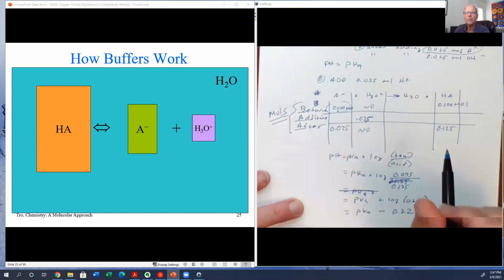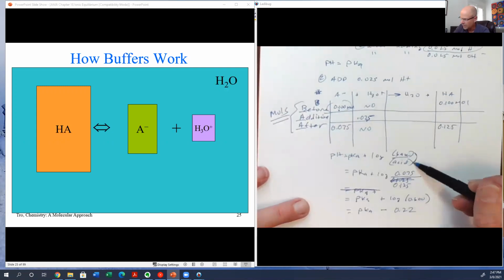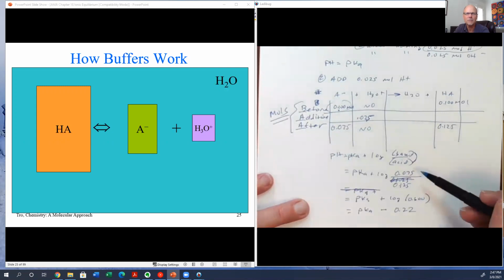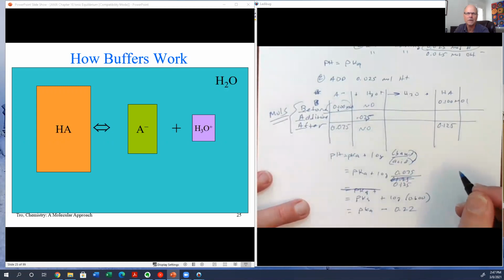And one other thing, when you substitute back into here, this is concentration, not moles. But the two components are in the same solution, right? So if you divide by liters, the liters are going to be the same. So the nice thing about the Henderson-Hasselbalch equation is you can work in moles or molarity either way, and it doesn't matter.